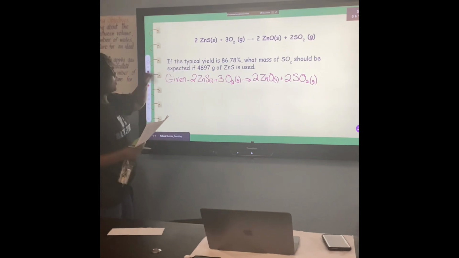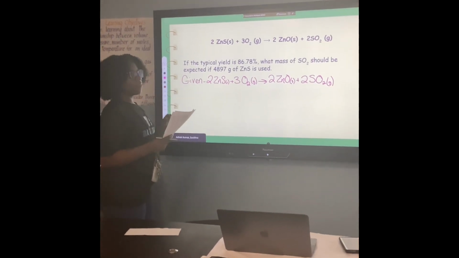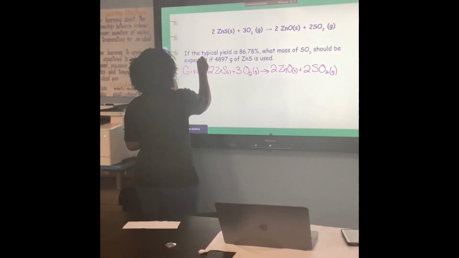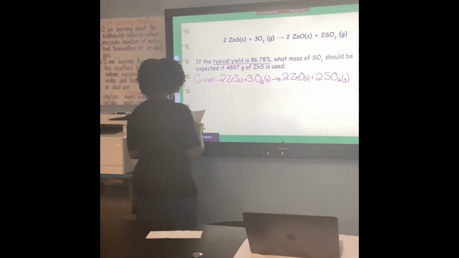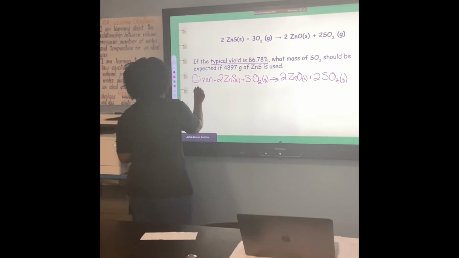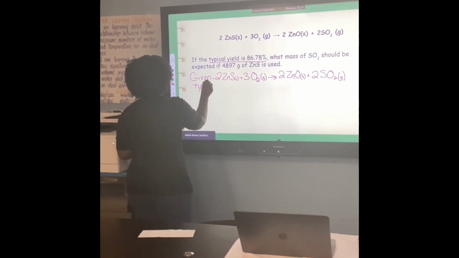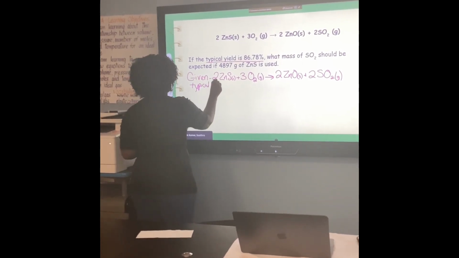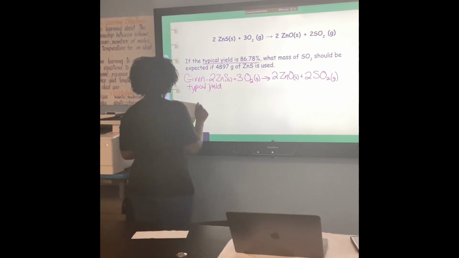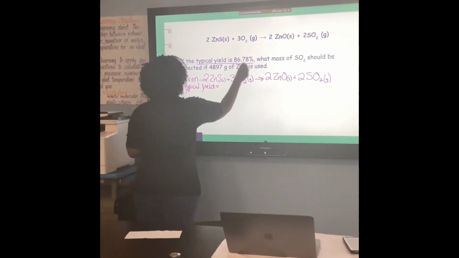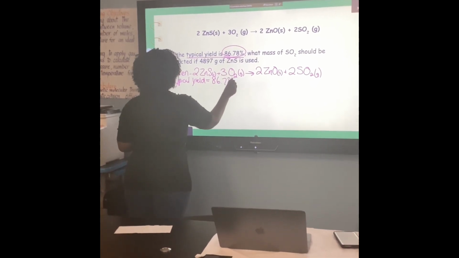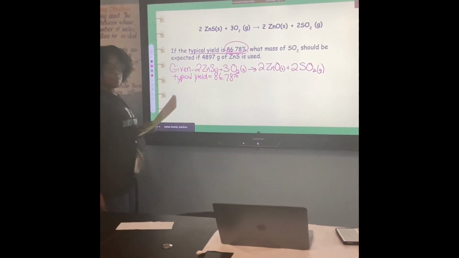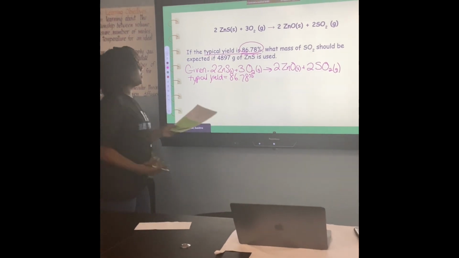So I'm given the chemical equation. I'm also given the typical yield, which is 86.78%. I know oftentimes in math we use Qs, which we circle in the numbers.